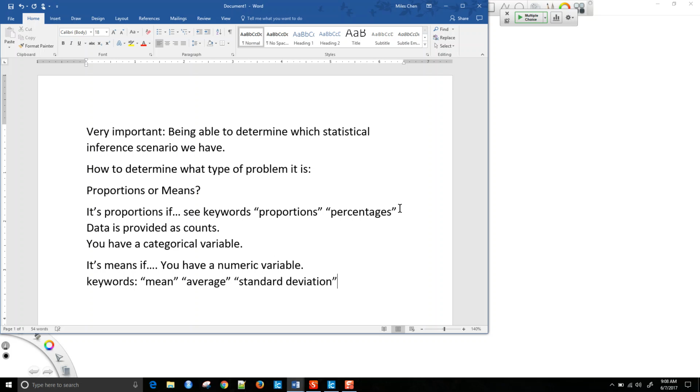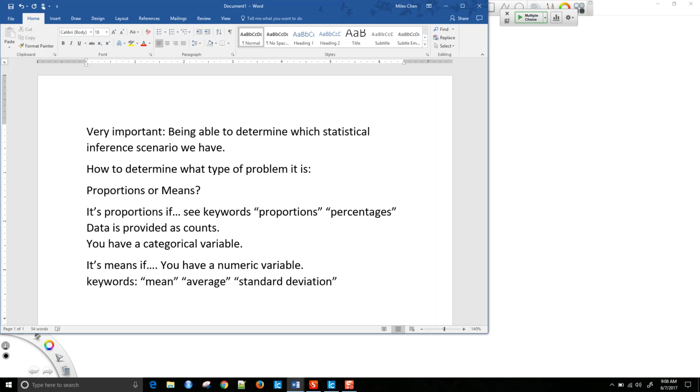If you see standard deviation in there, it's going to be a numeric variable, and you're dealing with means, okay? So that will help you decide whether you're dealing with the upper ones, which are proportions on that formula sheet. The top 4 boxes are for proportions, and the bottom 4 are for means. Okay, so decide if you got proportions or means.